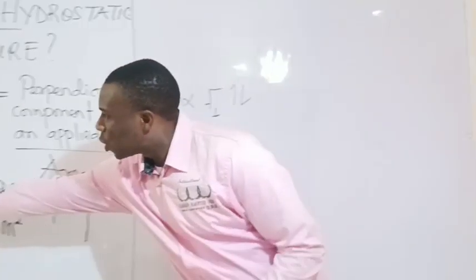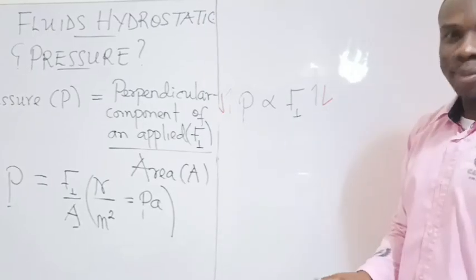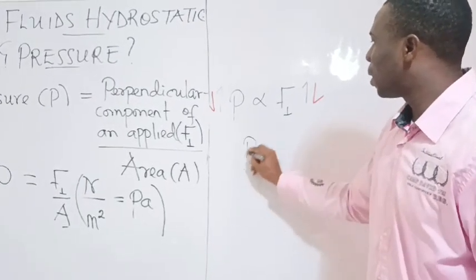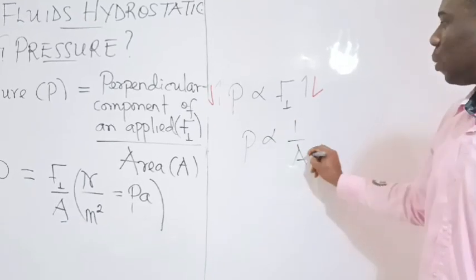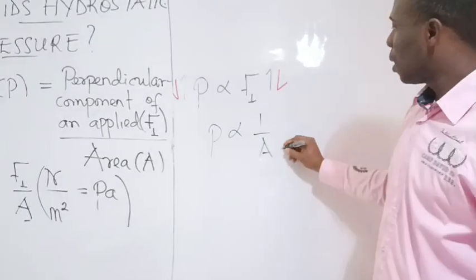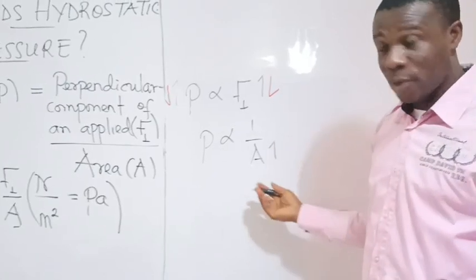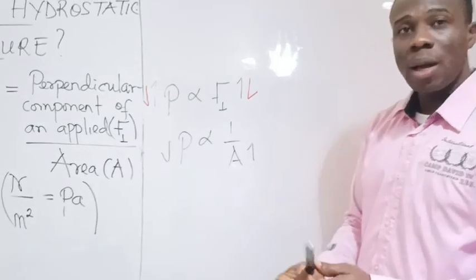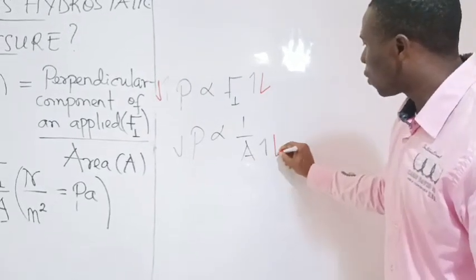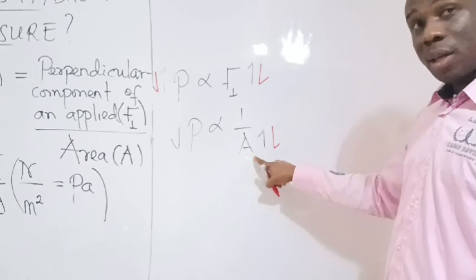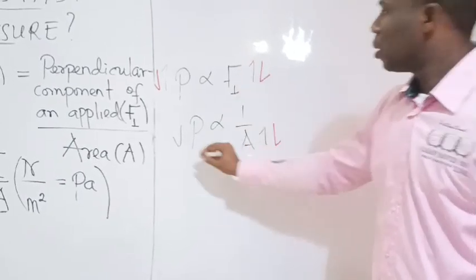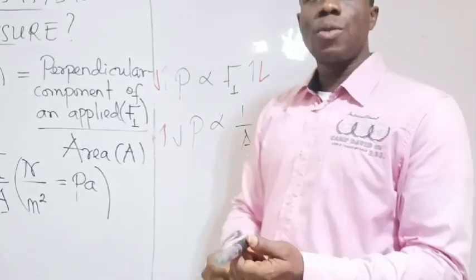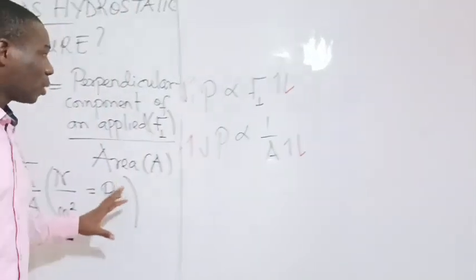But when you look at the relation between the pressure and the area, it turns out that the pressure has an inverse relation with the area. So what it implies is an increase in the surface area of a body would result in a decrease in the pressure. And a decrease in the surface area of a body on which you exert a force would imply an increase in the pressure. So that's just the mathematical relation between these three quantities.